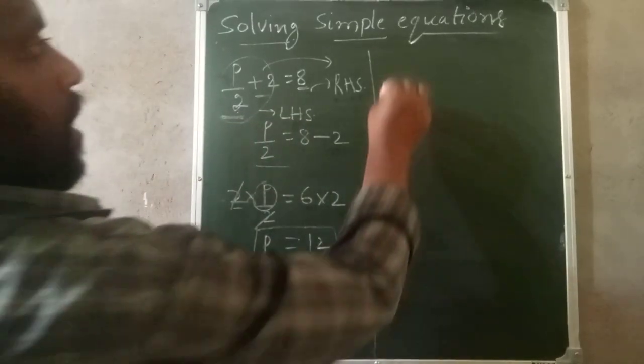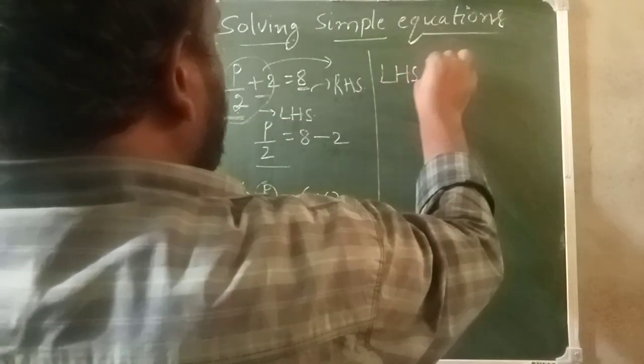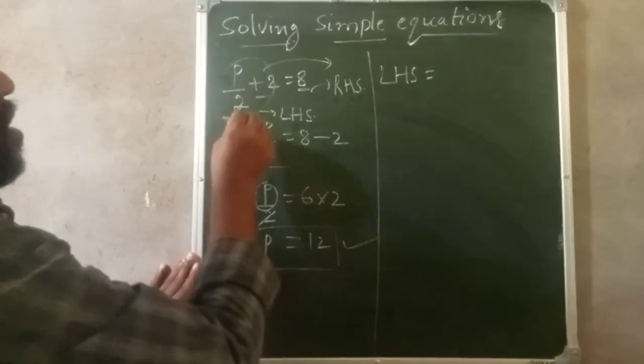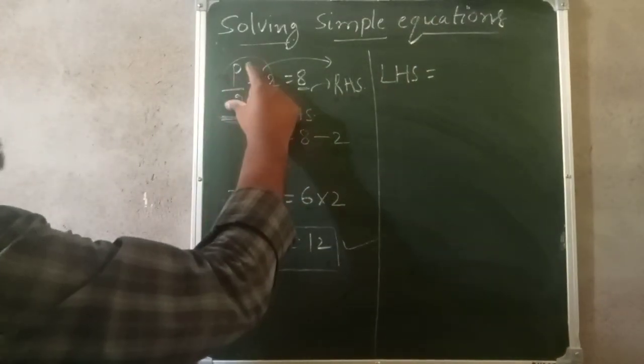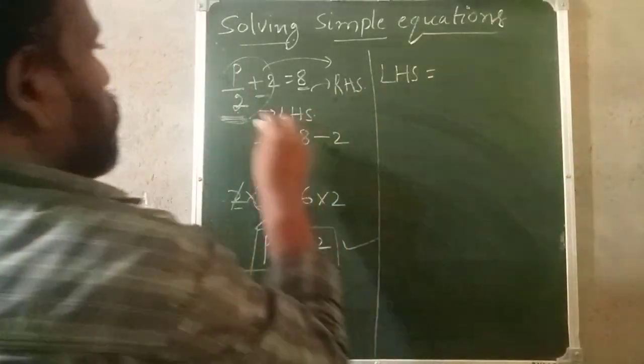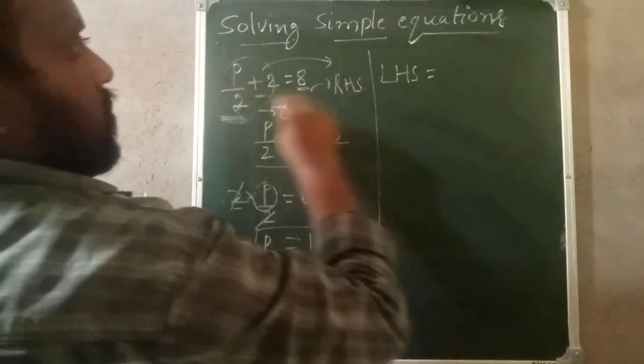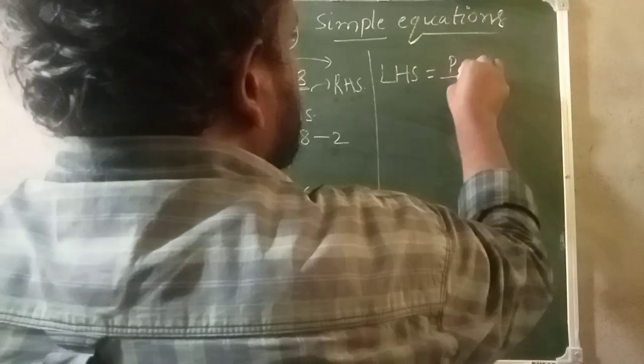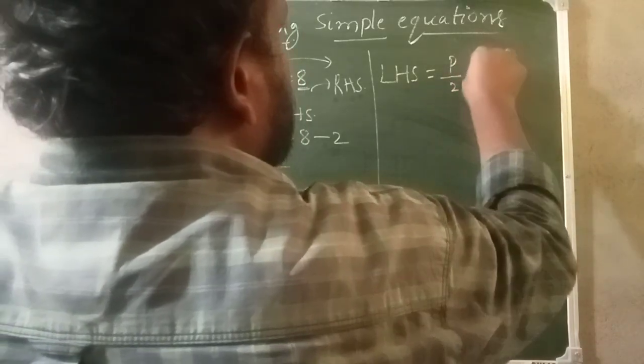So first take LHS. LHS is equal to this entire thing, p by 2 plus 2.